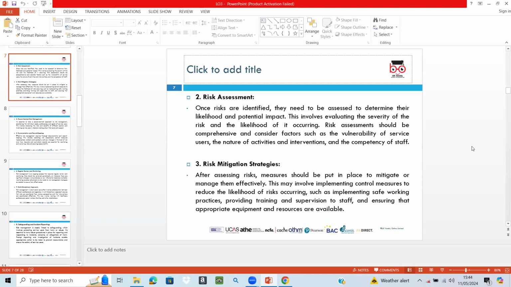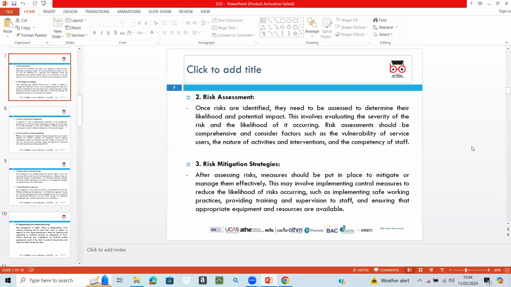We need to ensure that appropriate equipment, resources, and support systems are available to support staff and effective care delivery. And then we have regular monitoring, audits, and reviews to assess the effectiveness of risk mitigation measures and make necessary adjustments based on the feedback and the outcomes.